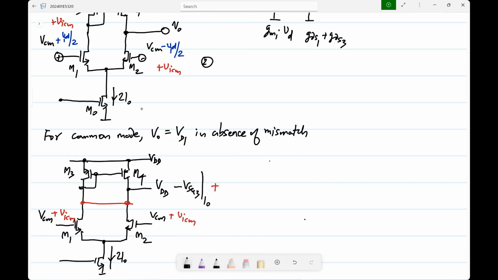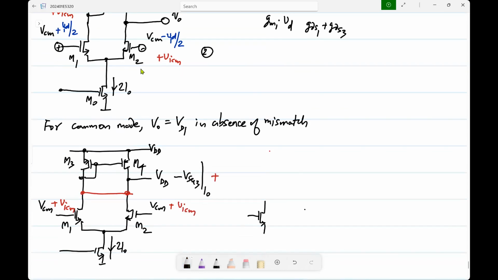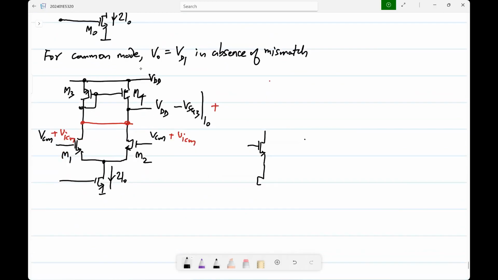The drains are shorted, the gates are the same voltage, sources are shorted. So the two transistors are in parallel, and I'll just write it as 2 times M1. It means that the width is doubled.